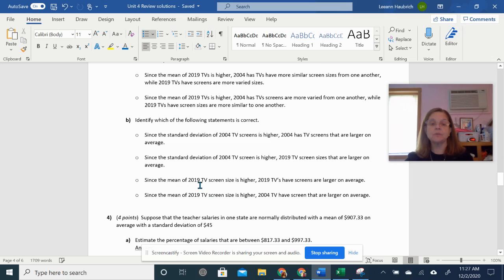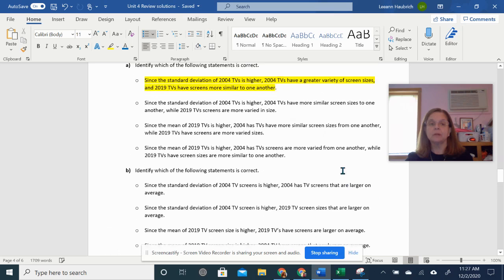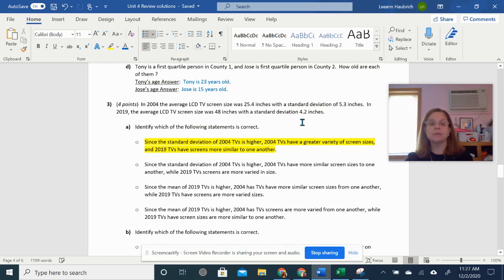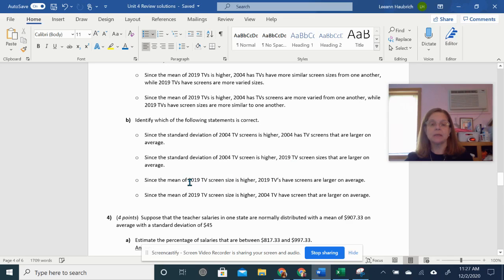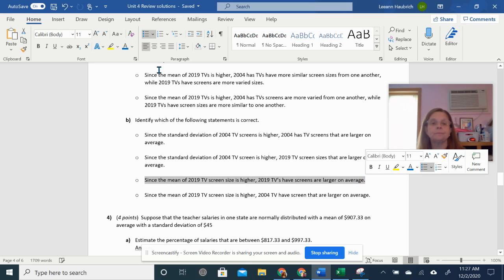Since the mean of the 2019 TVs is higher, 2019 TVs have larger screens on average. Well, they do have larger screens on average. They're 48 compared to that. Okay, let me highlight this one for now because I know this one is true.